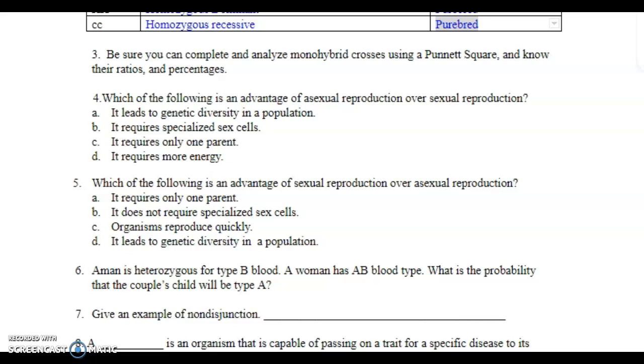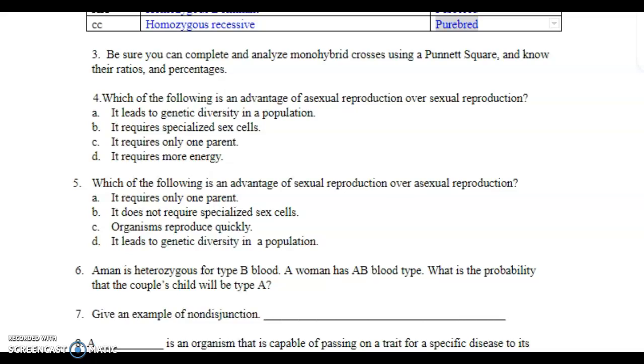Remember, if we're writing as a ratio, we can write that maybe 1 to 2 to 1 or something like that. If we're writing it as a percentage, if there's 1 out of the 4, let's say homozygous dominant, then that would be 25%. Count them like quarters. If it's 1, it's 25. If it's 2, it's 50. If it's all of them, it's 100%.